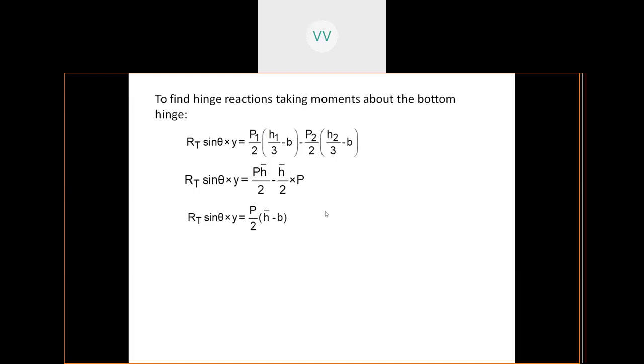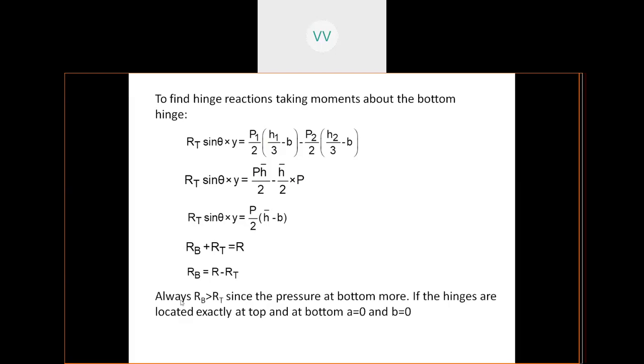So coming to the equation, the bottom reaction plus the top reaction put together are going to form the gate reaction, capital R. So now the bottom reaction will be equal to the total reaction minus the top reaction, because always RB will be greater than RT.